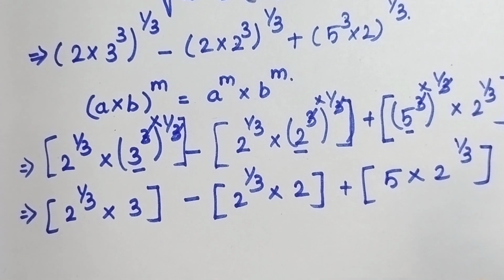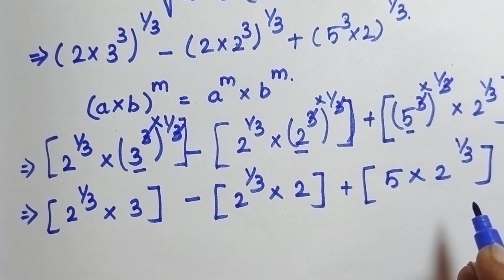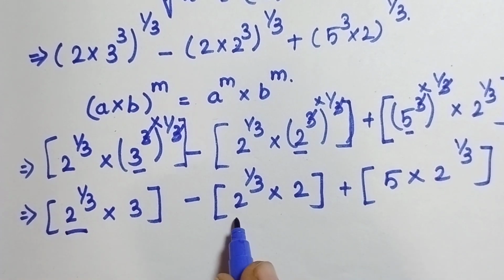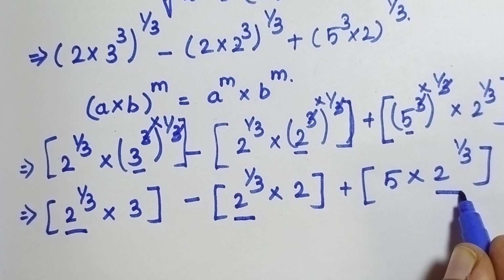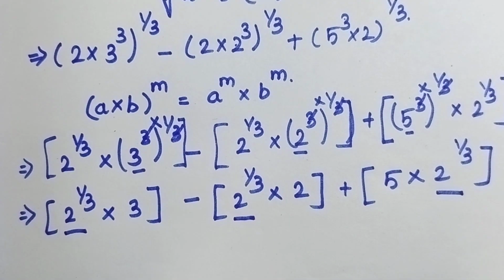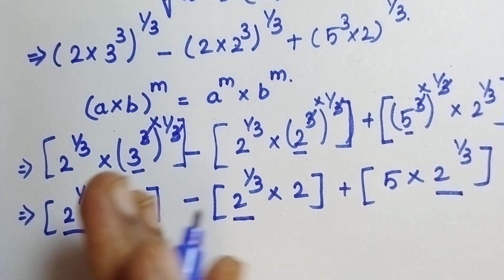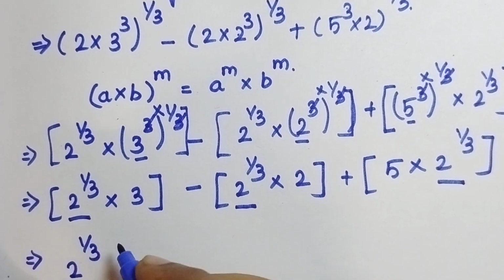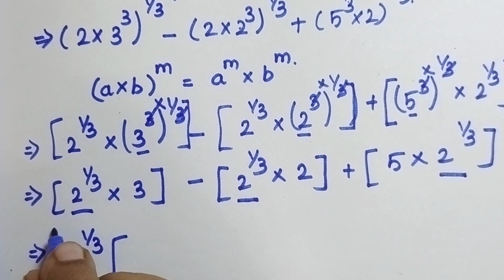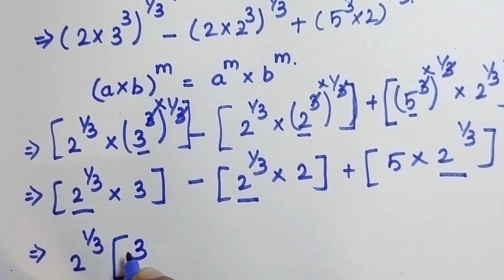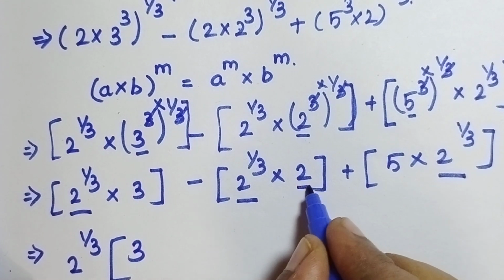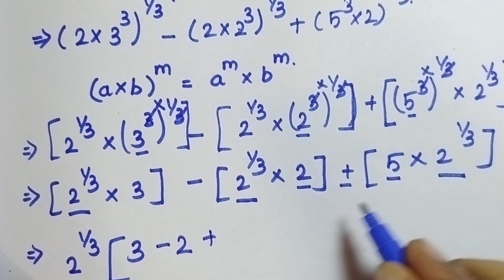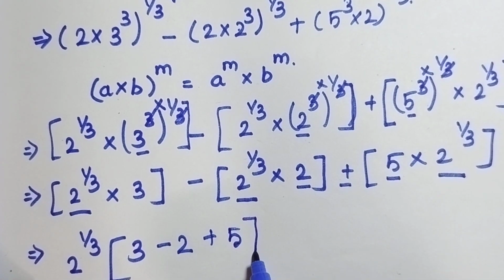If you see each term, what is common in each term? 2 power 1 by 3 is common in each. So if I take 2 power 1 by 3 out, the remaining here is 3, here minus 2, plus here 5.